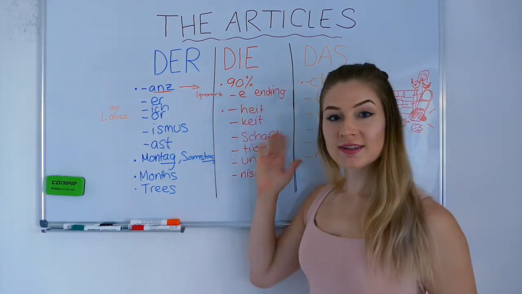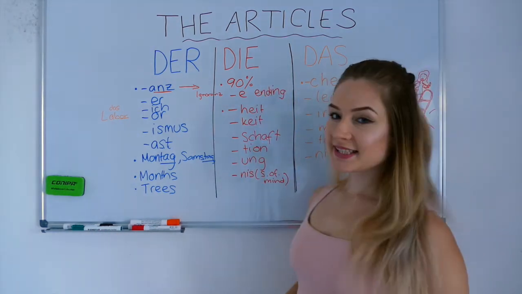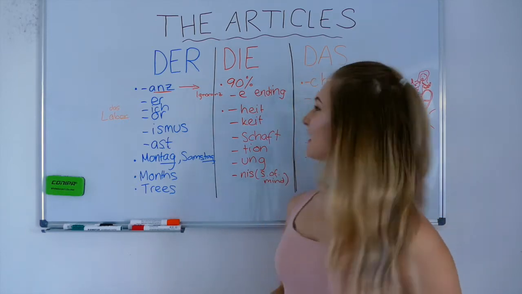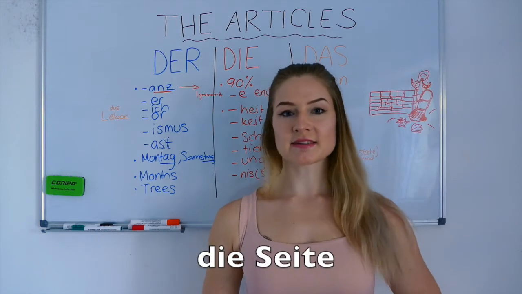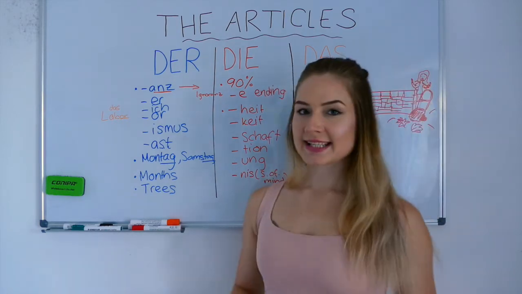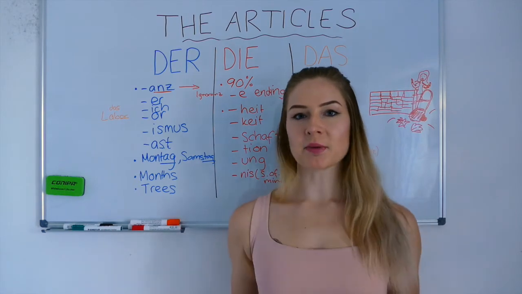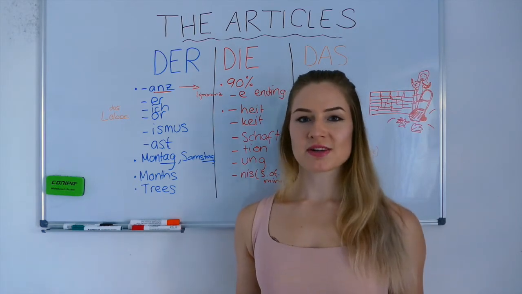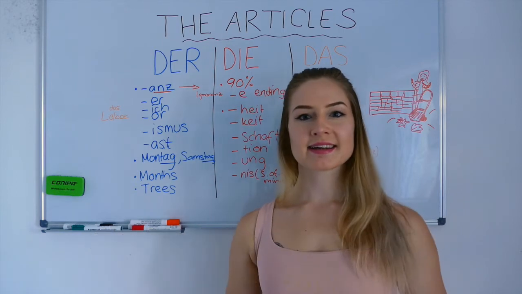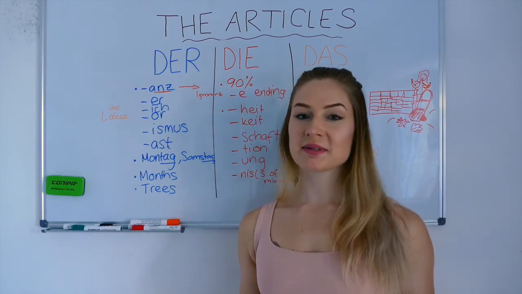Then moving on to the feminine suffixes, 90% of German words that end in E are feminine. So this is like die Seite, for example, die Tante. Another good thing to note is family members and people ending in IN, things like die Mutter, die Schwester, die Lehrerin are always feminine.